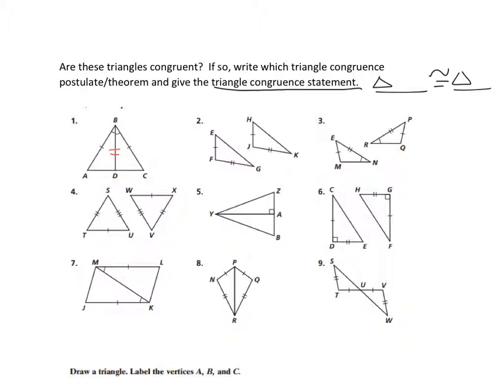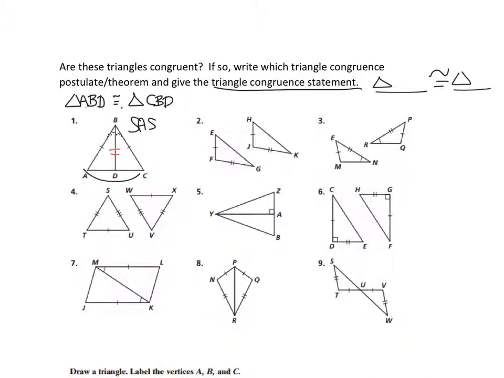So I have enough to say that the triangles are congruent because of side, angle, side. So triangle ABD is congruent to triangle. Now A matches up with C. So it's C, B, angle B right here, and then D. This is by side, angle, side.